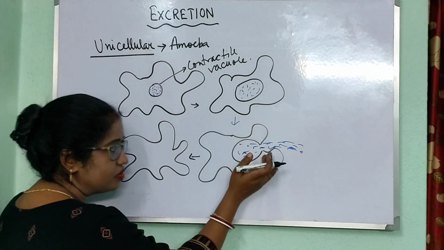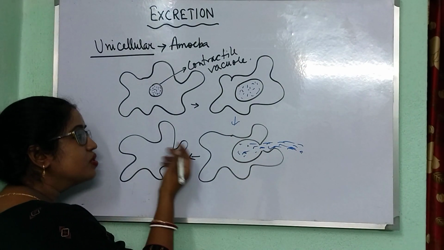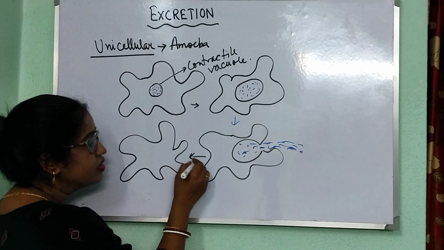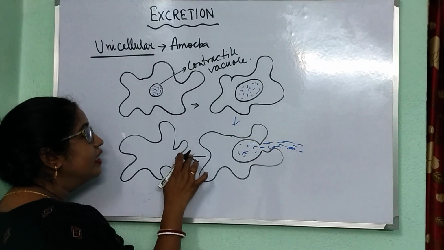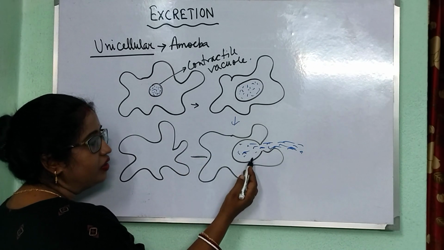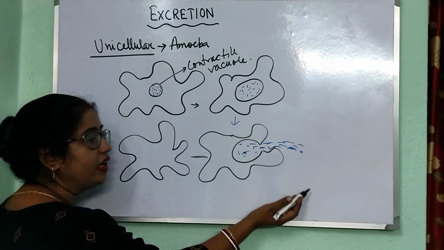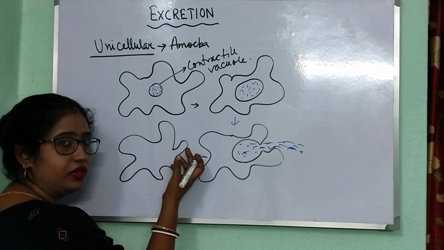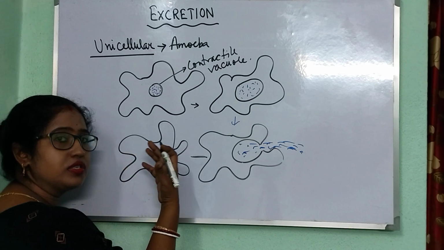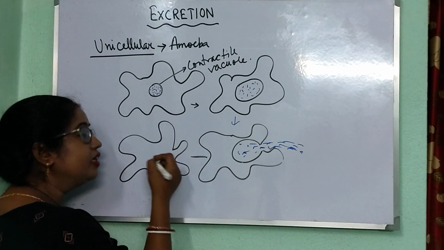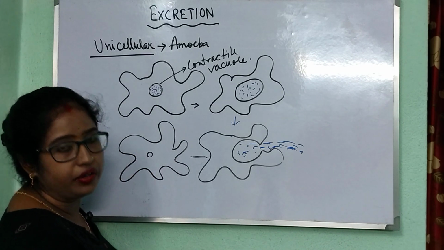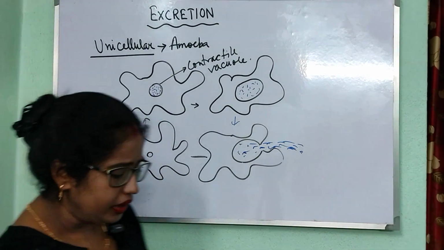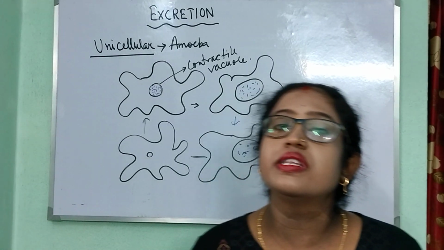The contractile vacuole throws the content outside and fuses with the plasma membrane, and the next time the metabolism process occurs, the waste material that is created is again stored in a contractile vacuole, and this process happens in a cycle.